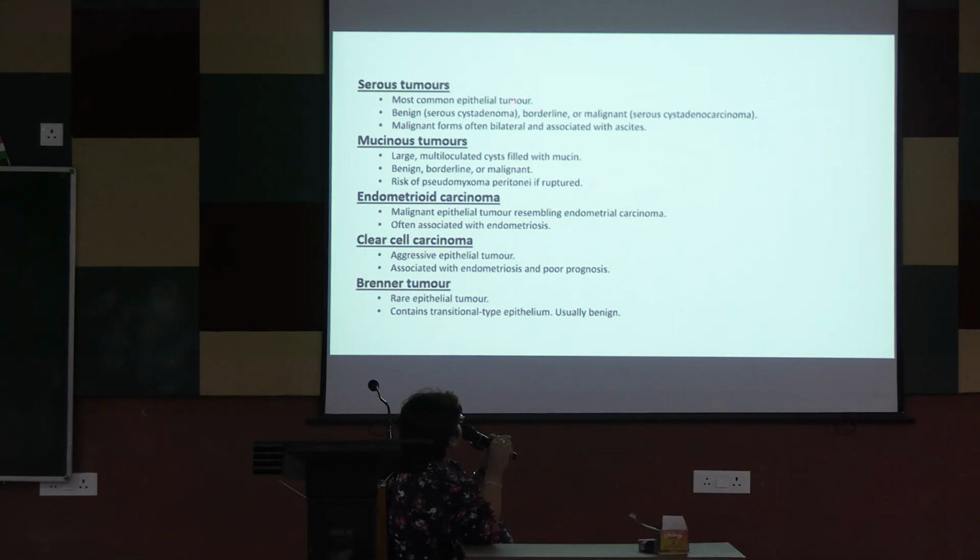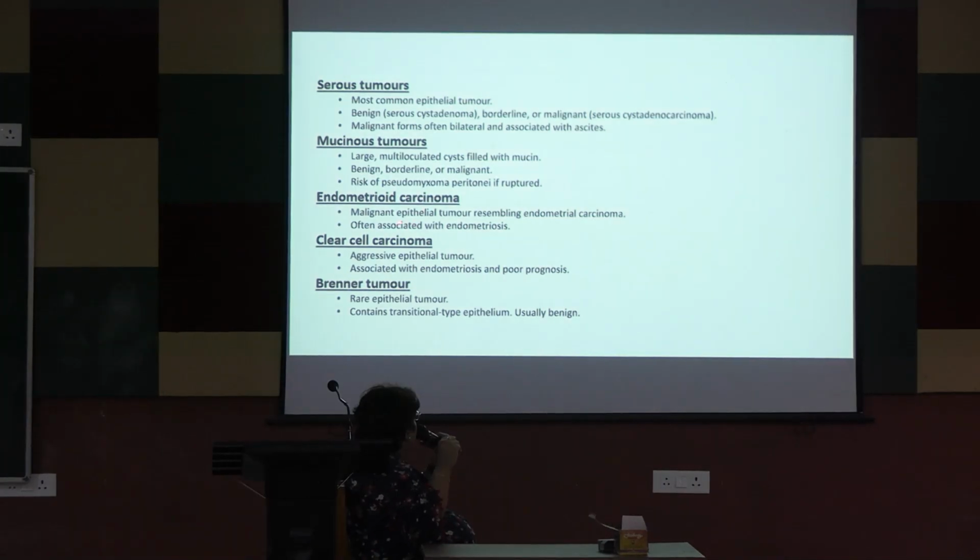And the fluid in the serous tumors will be clear watery fluid, and in the mucinous tumors, the fluid will be rich in mucin. It will be a mucoid fluid. It also may be benign, borderline, or malignant, and in mucinous tumor, there is risk of pseudomyxoma peritonei if the tumor ruptures.